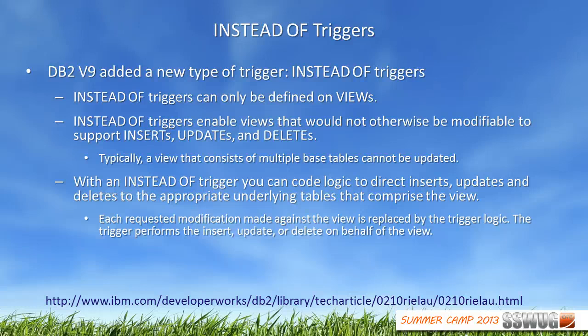So there's a lot of nice features and functionality there. The link at the bottom of the slide is an IBM Developerworks article that talks all about instead of triggers. It's a DB2 Linux, Unix, and Windows focused article, but the implementation is the same on both LUW and z/OS.